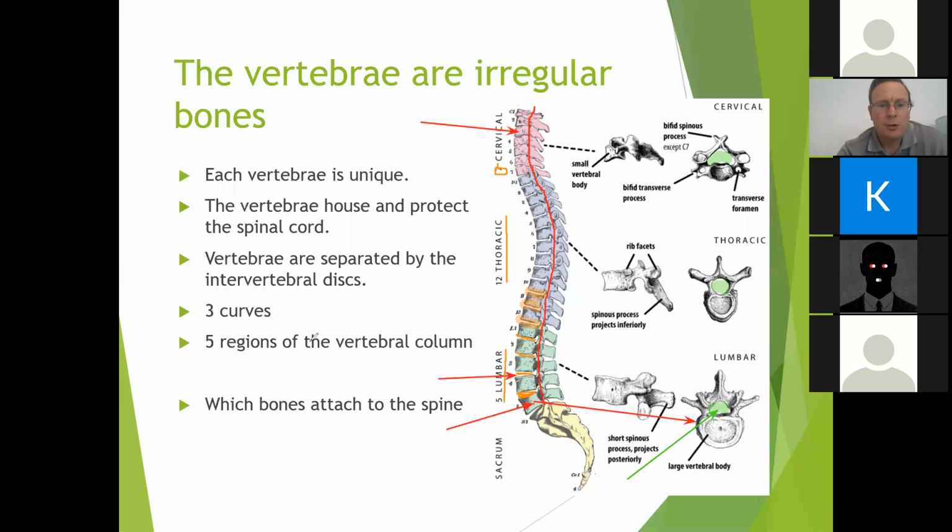So your question at the bottom to answer now is which other bones attach onto the spine? I just want you to pop in the chat box which bones you can think of that attach onto the spine. So let's load up the chat box. Just have a think on that for a minute.